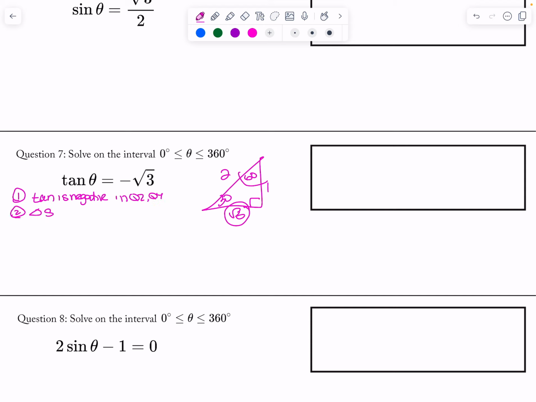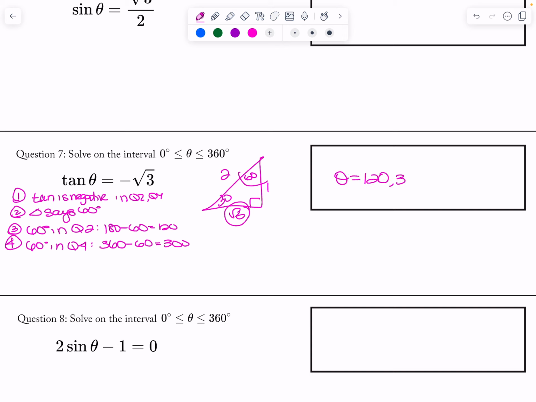My triangle says 60 degrees, so then I want 60 degrees in quadrant 2, which is 180 minus 60, which is 120, and then I want 60 degrees in quadrant 4, which is 360 minus 60, which is 300. So I want my theta to be 120 and 300.